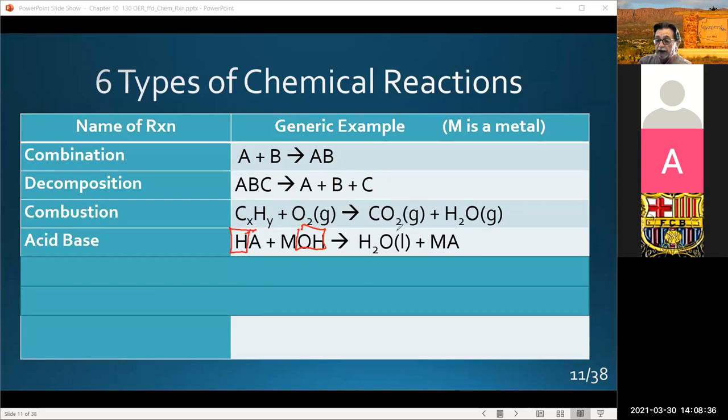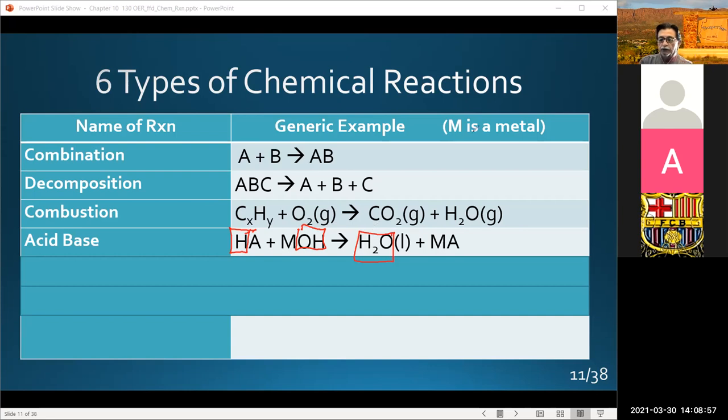When those two combine, you get water. Proton and hydroxide always give you water. That's a neutralization reaction. It's an acid-base reaction.